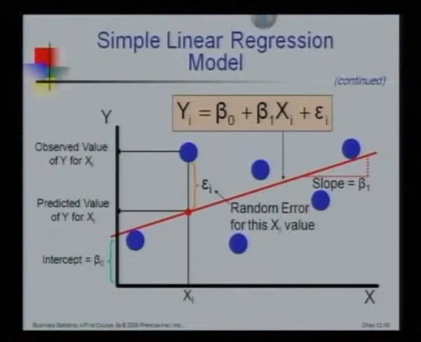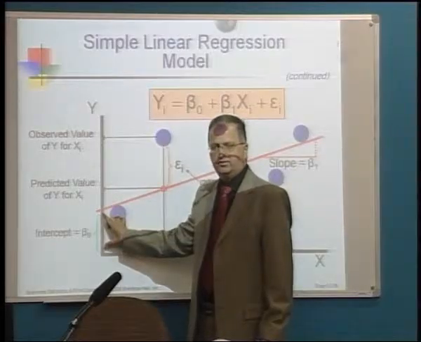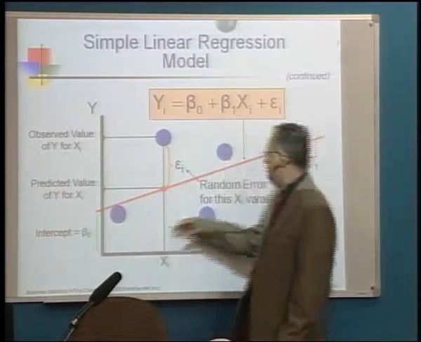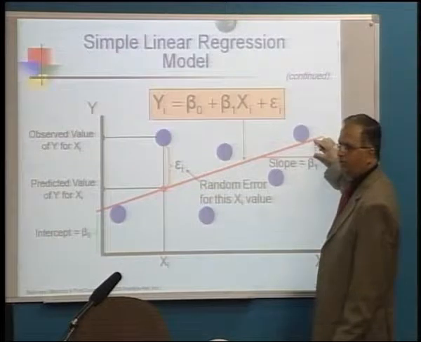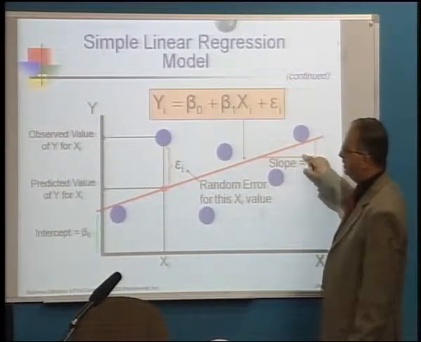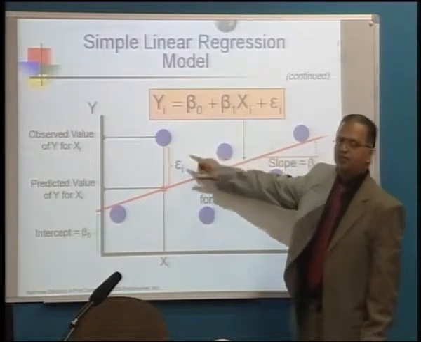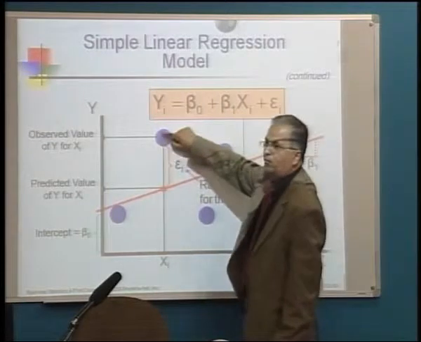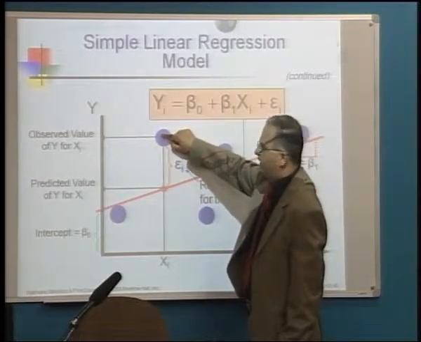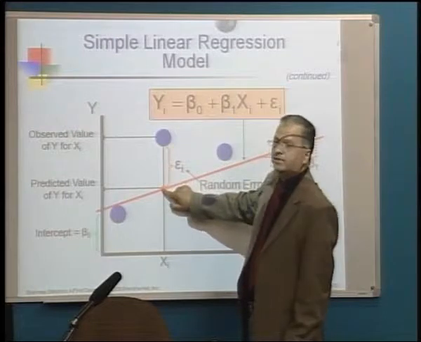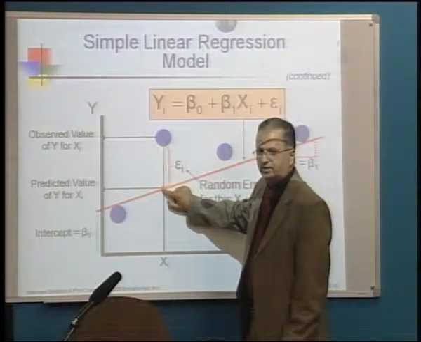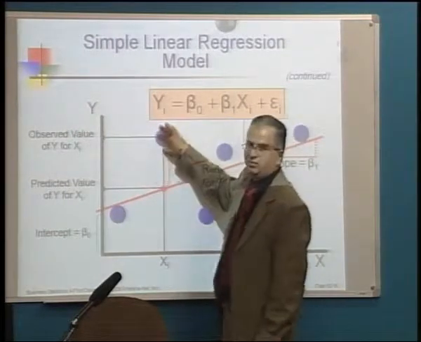So if we have x and y axis, this segment is called the y-intercept, which is b0. A change in y divided by change in x is called the slope. Epsilon i is the difference between the observed value of y minus the expected or predicted value. The observed is the actual value.